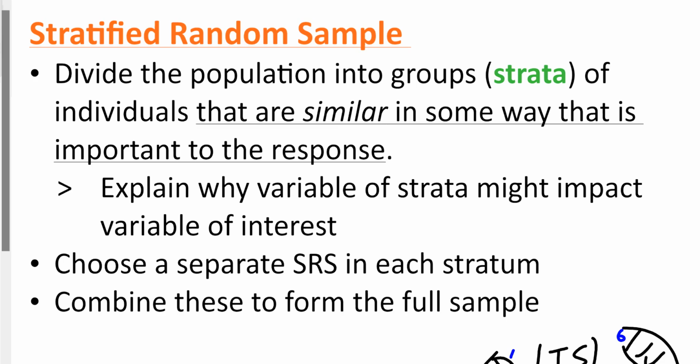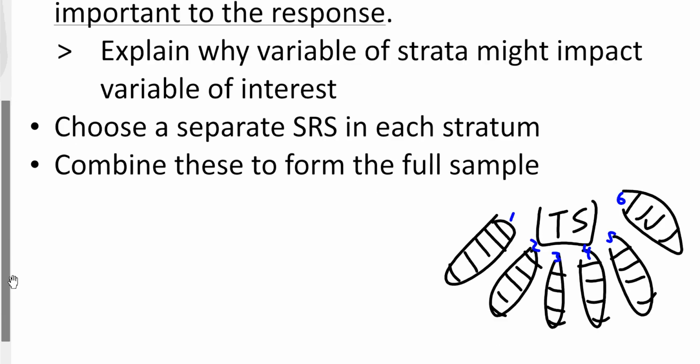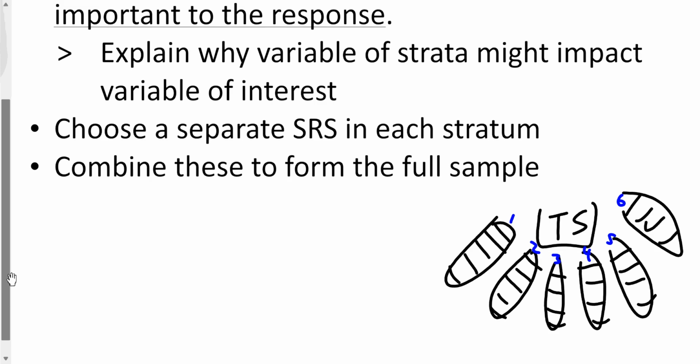So if I'm trying to survey people about how they feel about Taylor Swift concerts, people in the front row are definitely going to have a different opinion, I'm just going to say in general, than people in the back row. So my strata might be my rows. Because if you have a front row seat, you're going to have a way different experience than a back row seat most of the time.